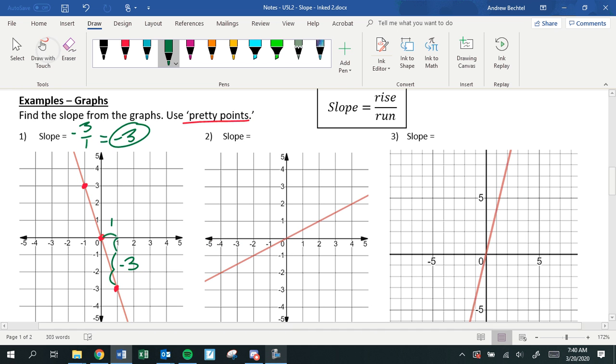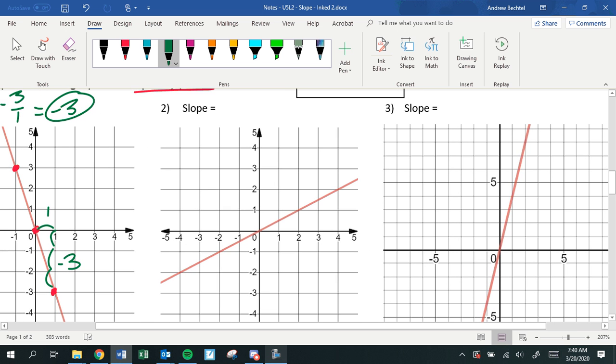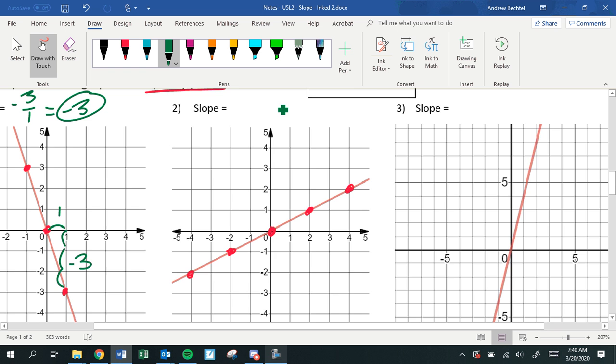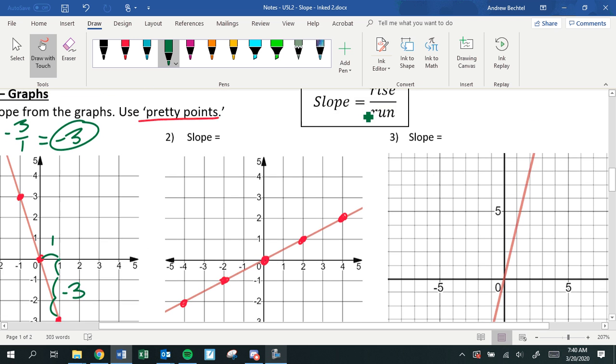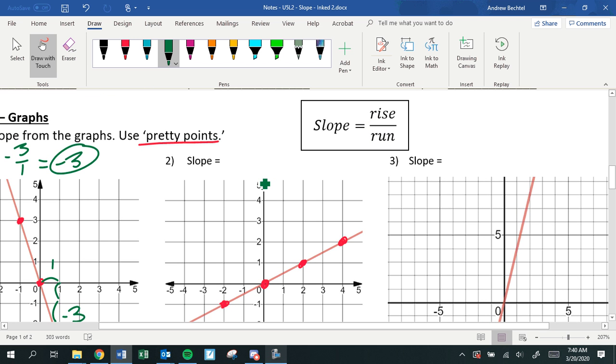Here we have a lot of pretty points we can find. There's one here in the middle. To the right, there's 2 pretty points. Again, we see that it's the corner of a box or it touches 2 lines. And on the left side. For the first one, I find the rise over the run, like my formula tells me. I typically just go ahead and draw a little triangle.